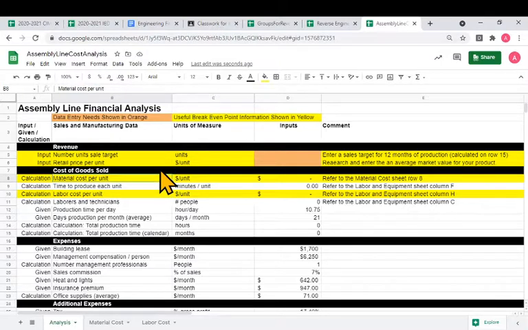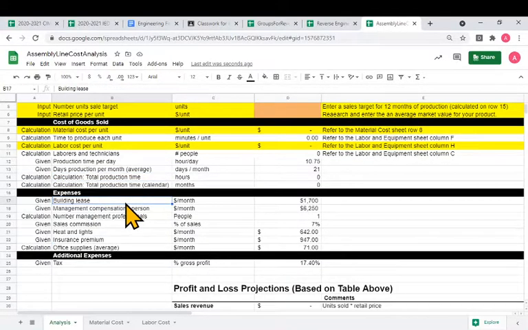Specifically, what's important here is the material cost per unit and the labor cost per unit. And then the time to produce the unit and the production days and things like that are auto-calculated.